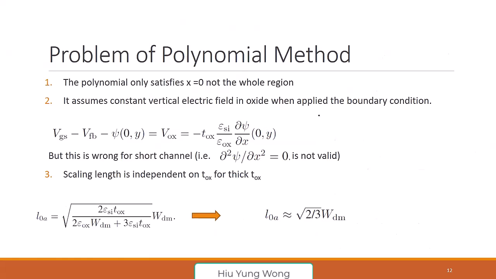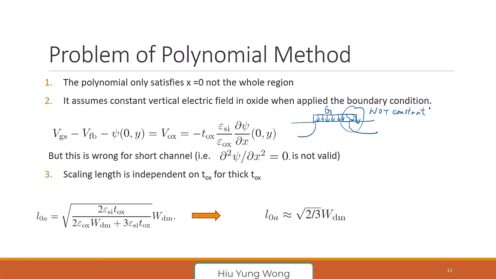In reality, this is the electric field. If this is the oxide, they assume I have a constant electric field in the oxide, but in reality, no, I have a fringing field here because of the 2D effect. So here it is not constant. And this has more problems when you go to shorter channels.